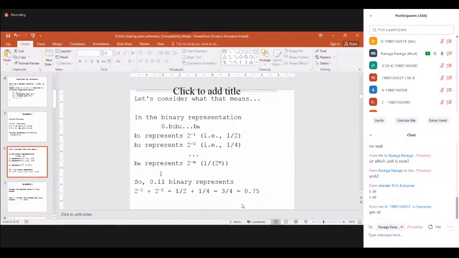So if you want to represent 0.11, it is 2 to the power of -1 plus 2 to the power of -2. So 1 by 2 and 1 by 4, you are adding it, you are getting 3 by 4, which is nothing but 0.75, right?